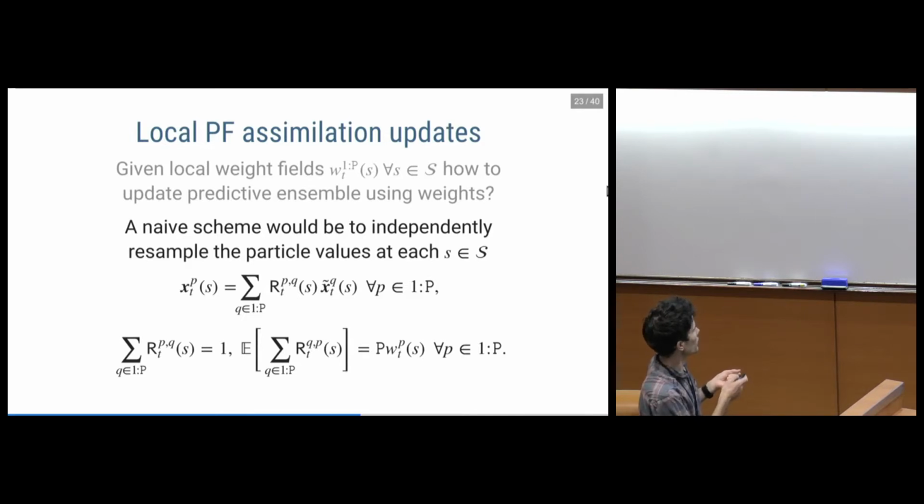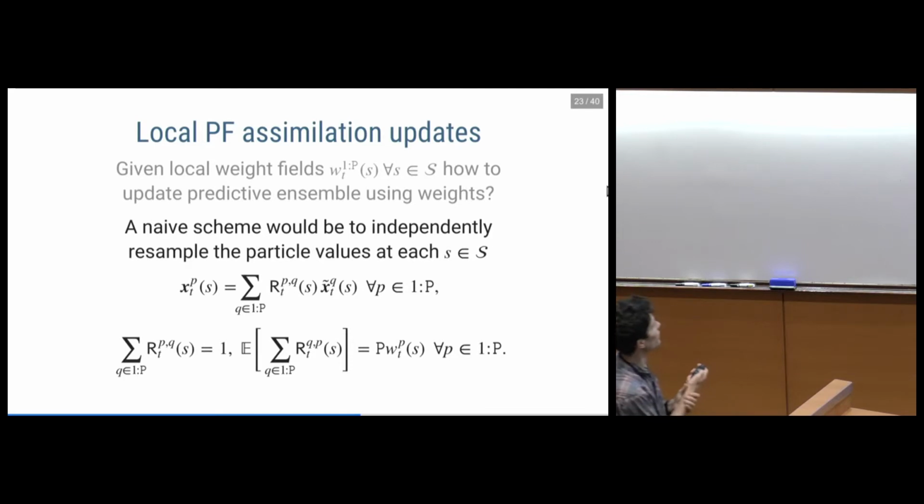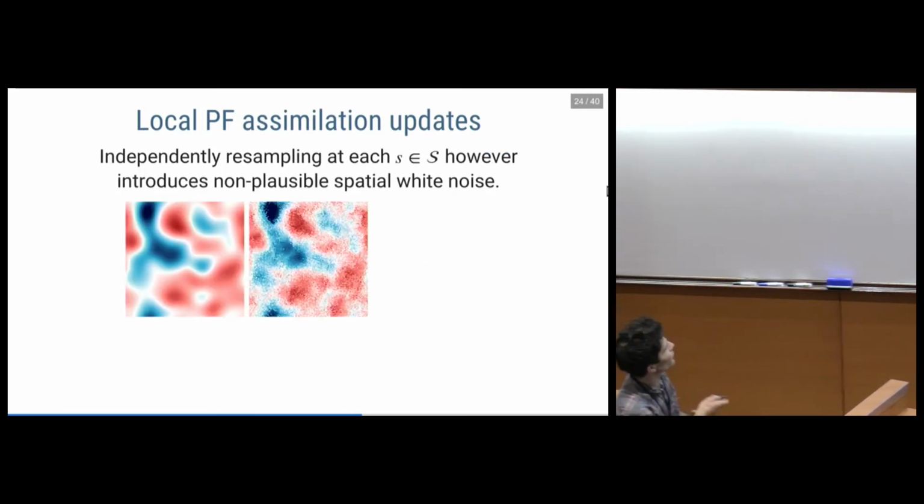Our overall update will just map at each point in space: we take the predictive particle values at that point, resample them according to some resampling scheme which respects the correct weights, and that gives us the filtering particles as the output.